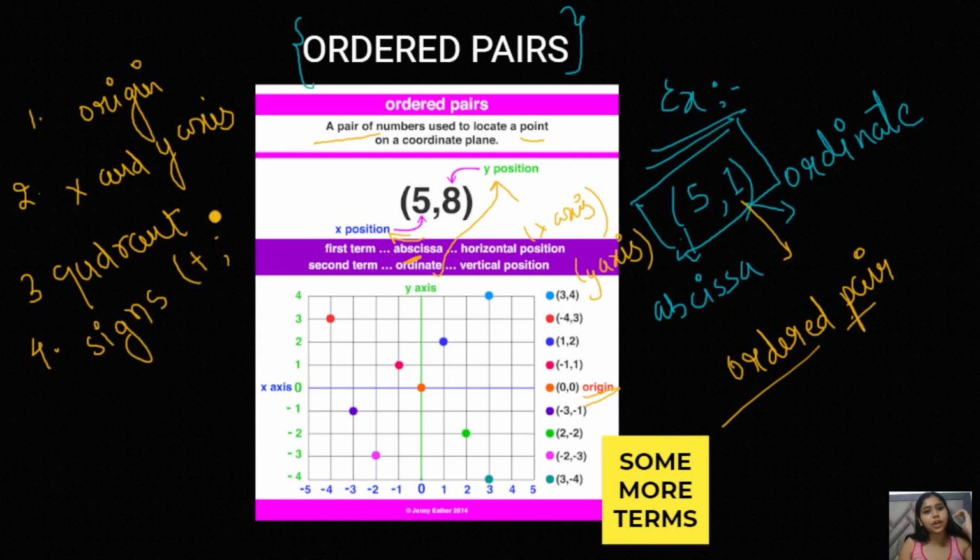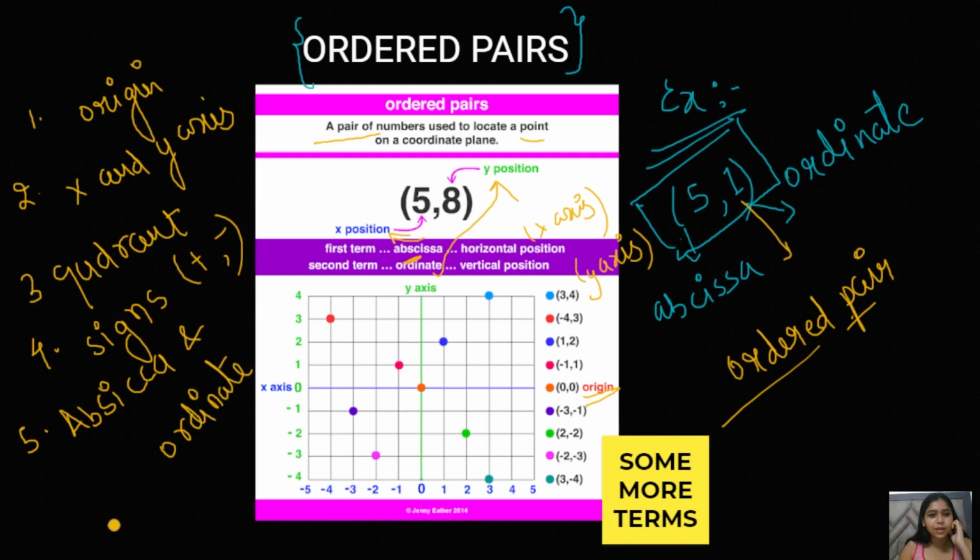Fifth, you have to know about the abscissa and ordinate. What are abscissa and what are ordinate, right? Sixth, you have to know about the ordered pair. These are the very important terms. Let's mark them as very important.